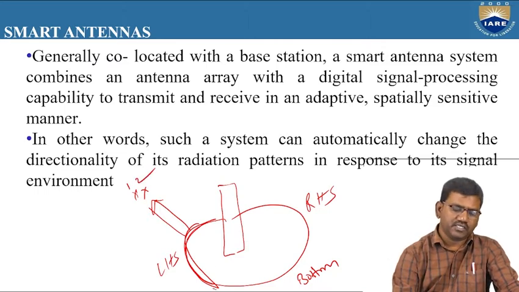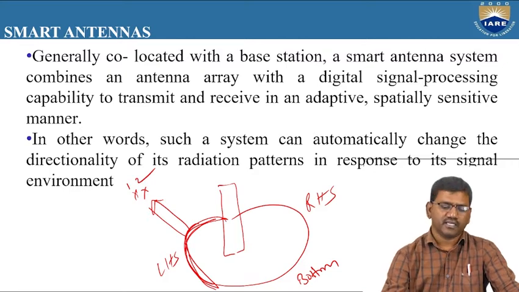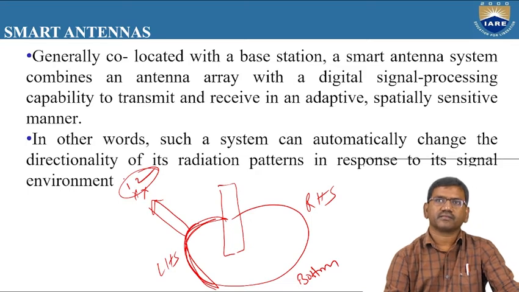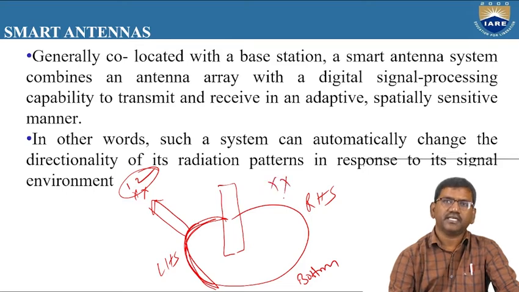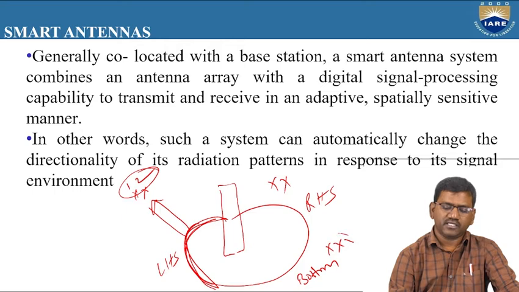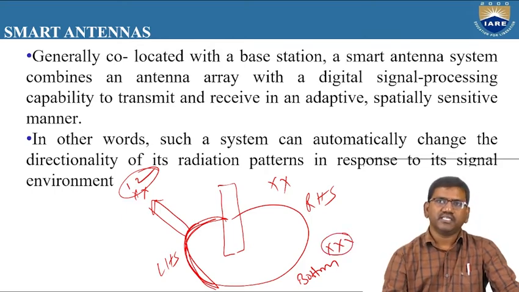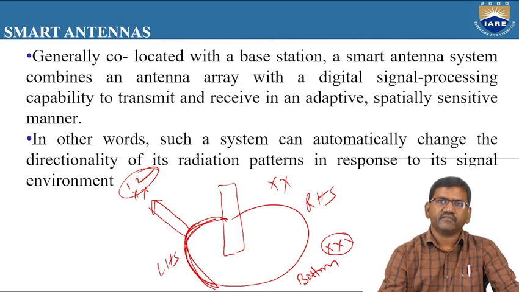So the left hand side portion of the radiation pattern can be effectively used by these two users only. It means that in the right hand side there are no users, and in the bottom side also there are no users. That means on the right hand side and in the bottom side there is some radiation pattern which is being wasted.